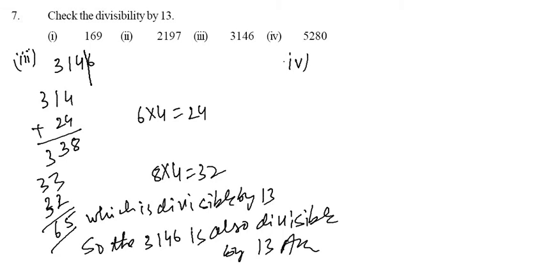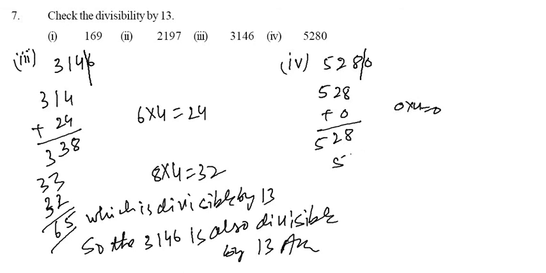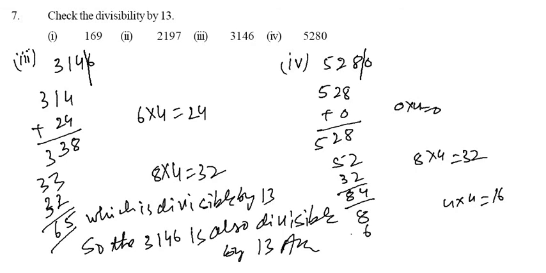Now the fourth part of this question, that is 5280. It is further divided into two parts. The first one is 528 and the second one is 0, which is 4 times 0, that is 0. So you can add here. So it is 8, 2 and 5. It is further divided into two parts. The first one is 52 and the second one is 8 times 4, that is 32. Now 32 is added here, 4 and 5 is 8 and 3. It is further divided into two parts, 8 and 4 times 4 is 16. So you can add here 16.